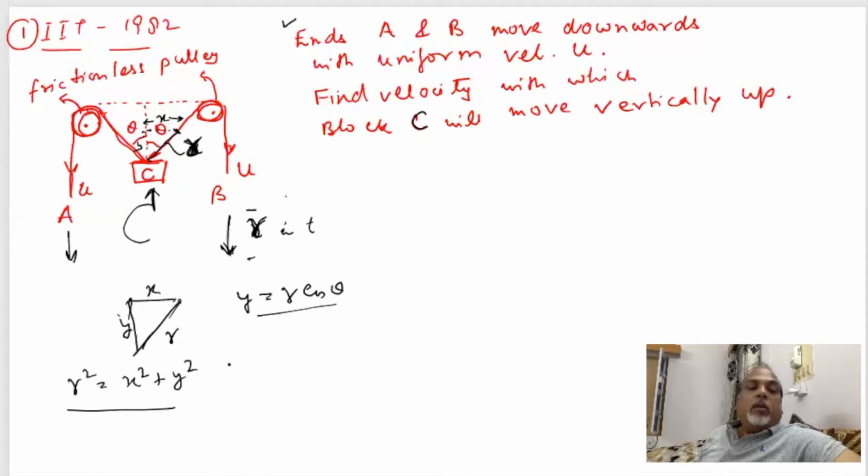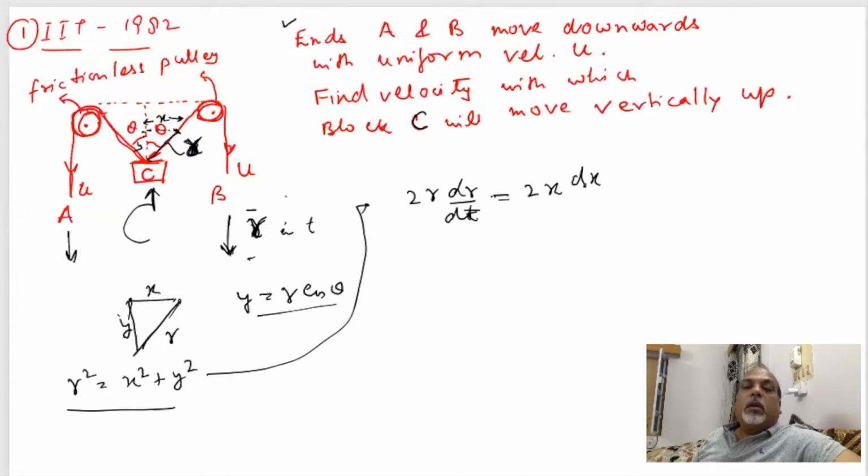Now take this equation and differentiate it, that is 2r dr by dt is equal to 2x dx by dt plus 2y dy by dt.